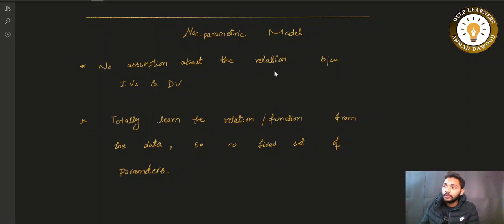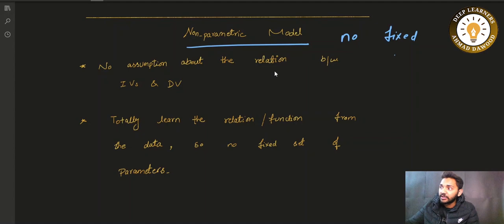So in the case of a non-parametric model, you cannot say that these types of models have no parameters; you can say that non-parametric models have no fixed set of parameters.